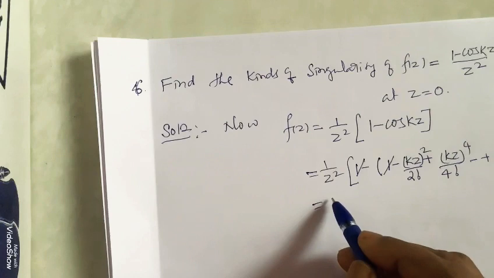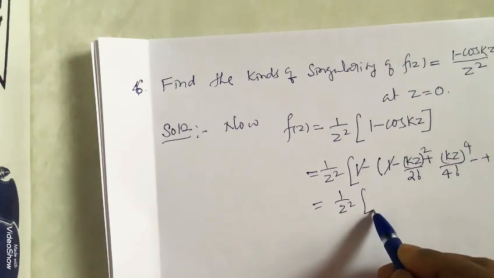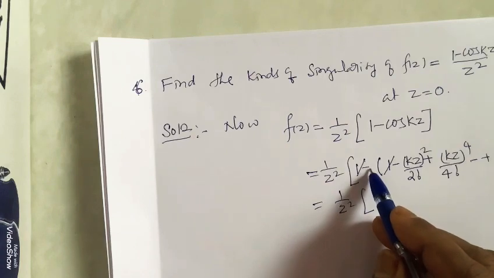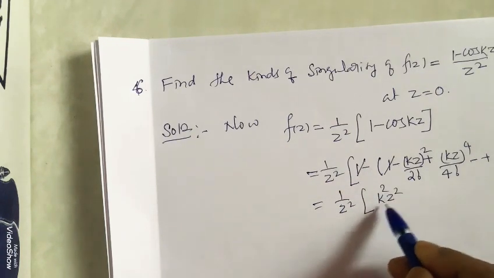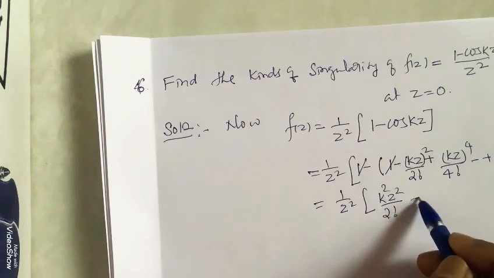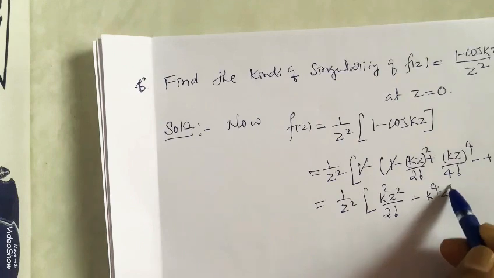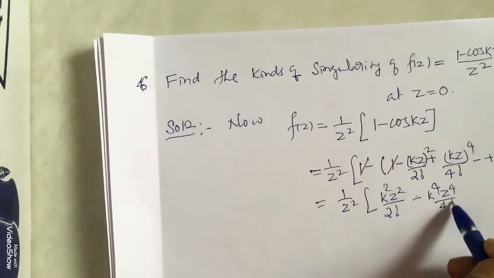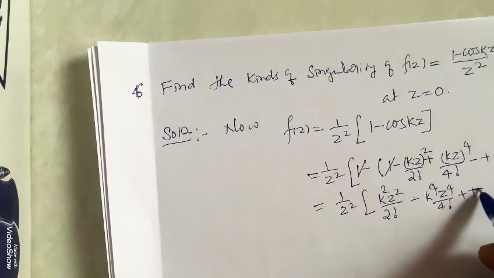You are getting 1 by z square into k square z square upon 2 factorial minus k raised to 4 z raised to 4 upon 4 factorial plus and so on.